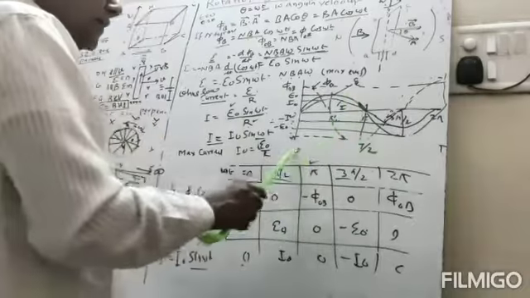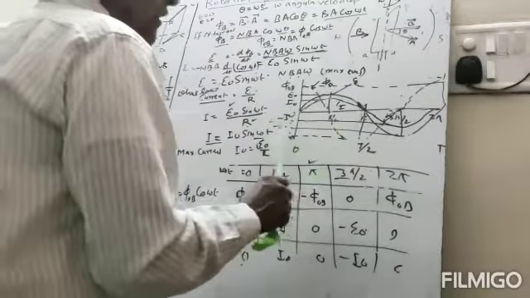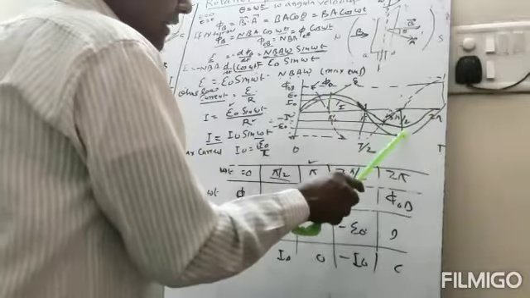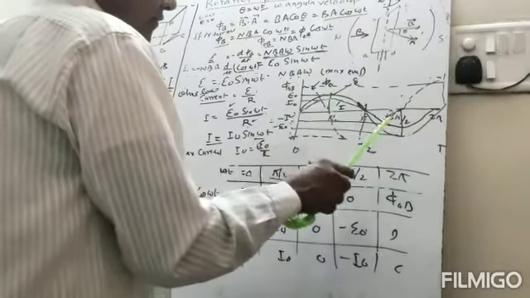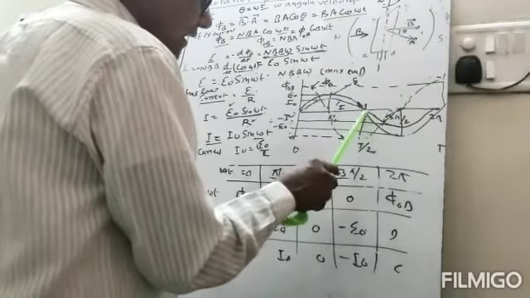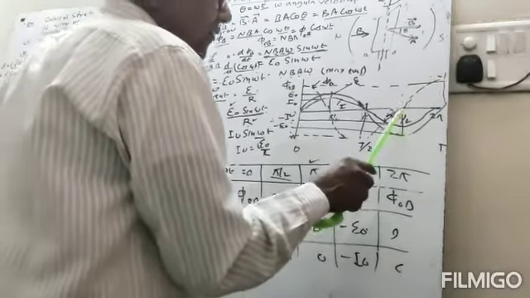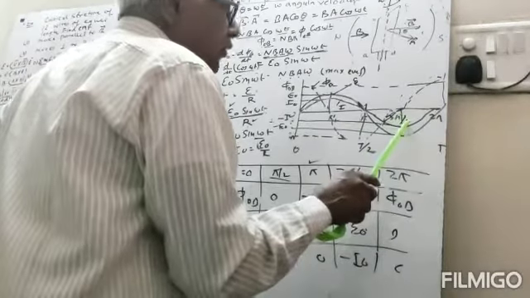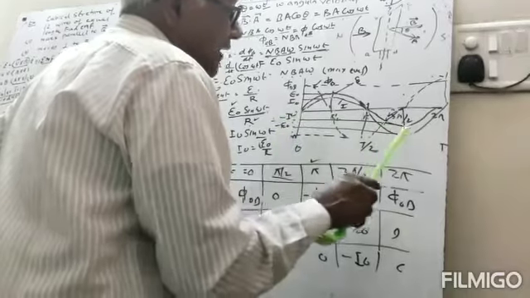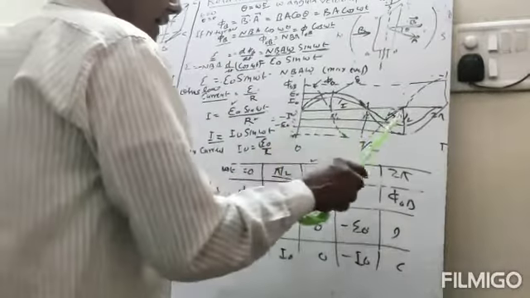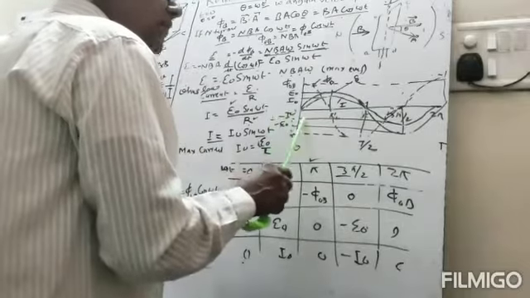Then after this will be the half cycle. In the next cycle, it is negative. So here it will be increasing negatively, and then when it is 3 pi by 2, EMF is maximum, minus E0, and current is maximum, minus I0.